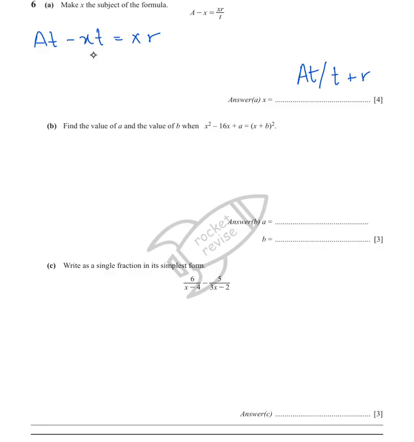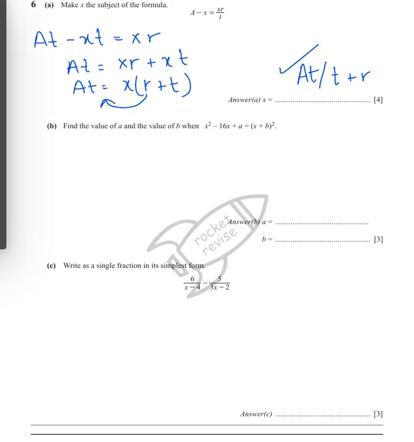And let's substitute x to one side of the equation. At equals xr plus xt. At equals x common r plus t. When this goes to the other side of the equation, we will be dividing it by at. So yes, this can be considered as the right answer. That's correct.